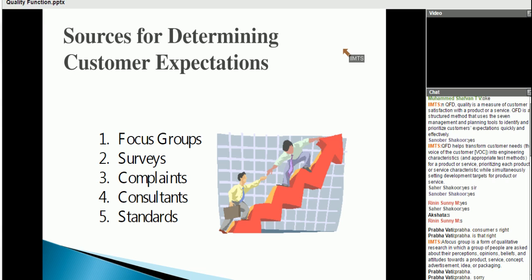Fourth one is the consultants. They also try to take the advice of the consultants who are expert in those fields. And the next one is the standards. So they try to maintain the standard. Last one is federal regulations.